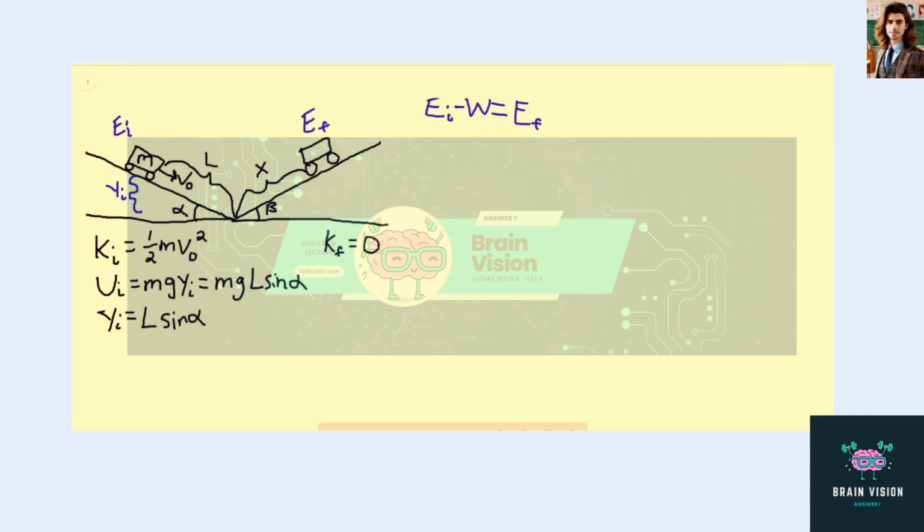We want to know how far it moves when it comes to a halt. So its speed is going to be 0, therefore its kinetic energy term must be 0. Then we want to know what the potential energy is at this point that it's gone up. Well, that potential energy, I'll call that UF.